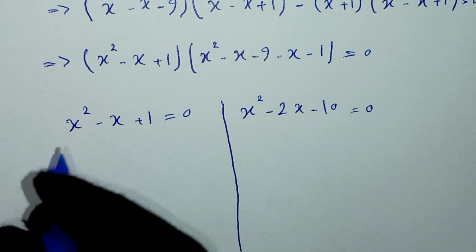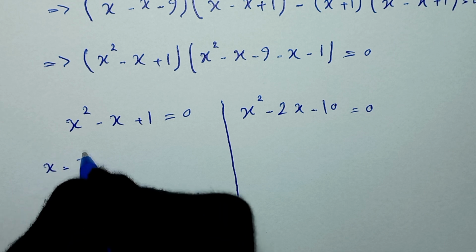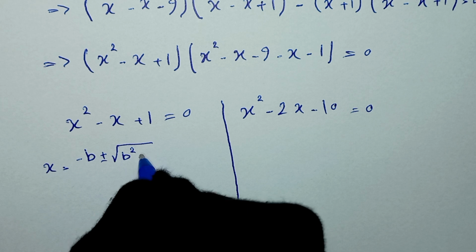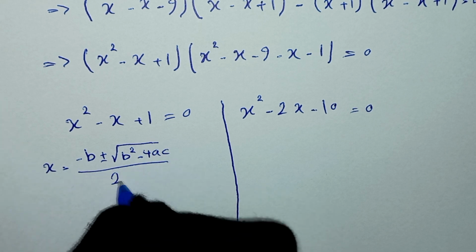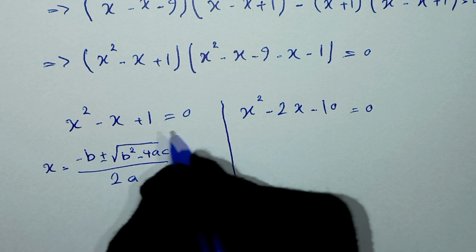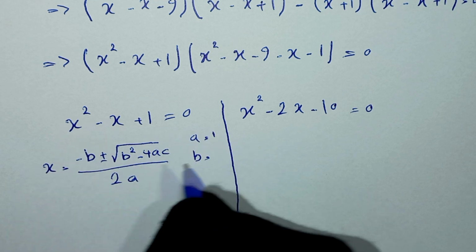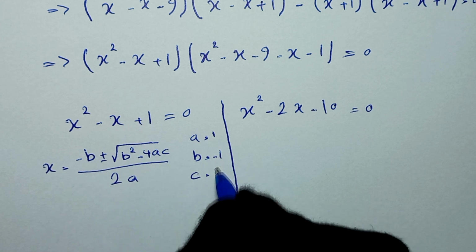From here, we use the quadratic formula, which is x equal to negative b plus or minus the square root of b squared minus 4ac, over 2a. And a is the coefficient of x squared, which is 1, b is the coefficient of x, which is negative 1, and c is the constant, which is 1.